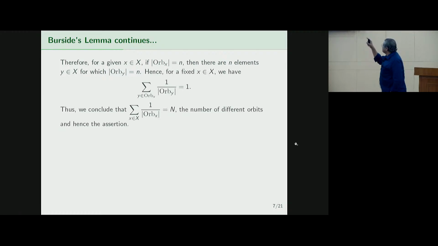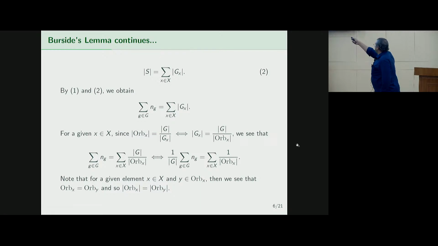So therefore the sum will give 1 precisely. This is a counting function for one orbit. So the total number of orbits I would get by varying x over all the elements of X. Therefore this is the same as the Burnside lemma.